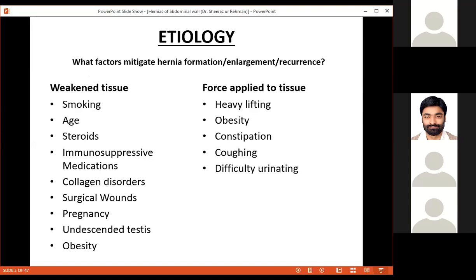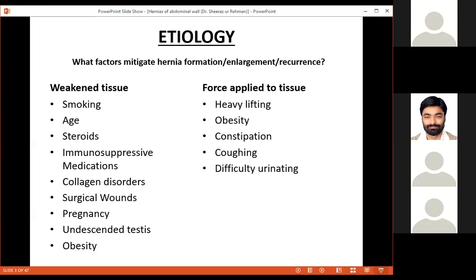So patients who are smoking, who have a higher age, on steroids, immunosuppressive medications, they have collagen disorders, they have surgical wounds, patients who are pregnant or who had been pregnant, undescended testes, obesity. They are all the risk factors that would, by and large, somehow increase the intra-abdominal pressure and the pressure on the wound itself. So they are likely to cause the hernia formation.